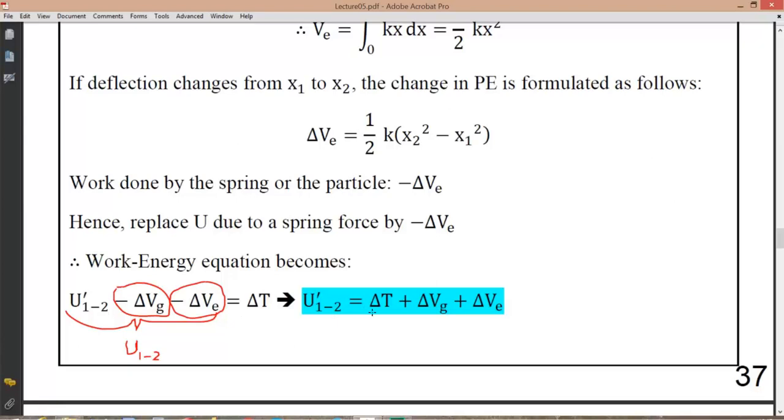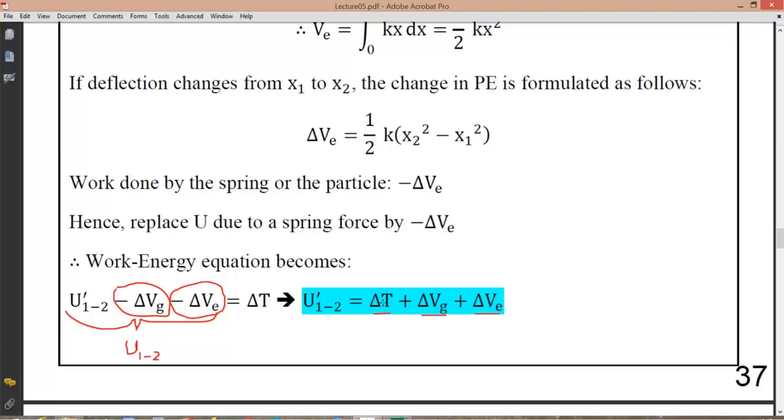If we move these two terms onto the right hand side of this equality, at the end we end up with this new equation suggesting to us that the work done by the forces other than the gravitational and elastic forces is equal to the change in the kinetic energy of the particle plus the change in the potential energy due to gravitational forces and the change in the potential energy due to the elastic force.